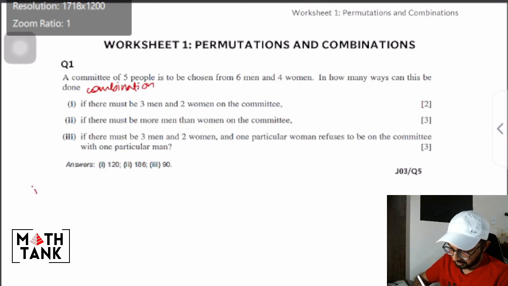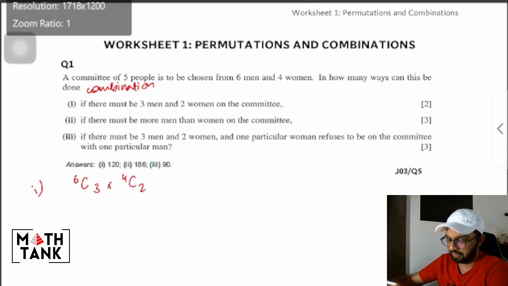So what I simply have to do is 6C3 into 4C2, which gives me 120 as the answer.